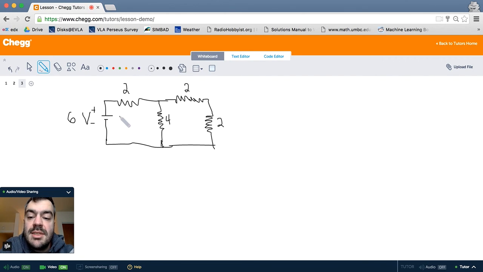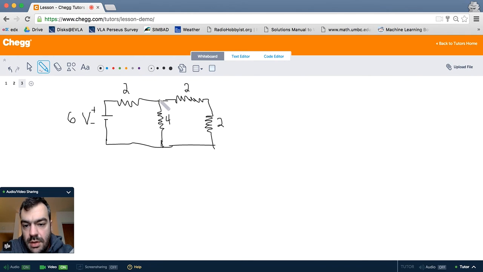And that means that the 2 ohm resistor is in series with this network of resistors here. So that's the series part of this question. So now once we figure out what's going on with this set of resistors, we can figure out how to solve the problem. So over here we see that there's a 4 ohm resistor, and then there are two 2 ohm resistors.